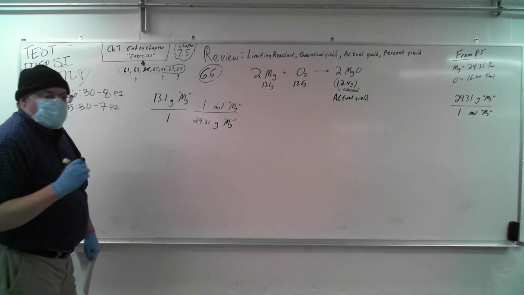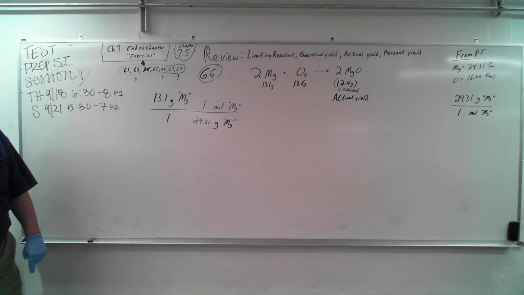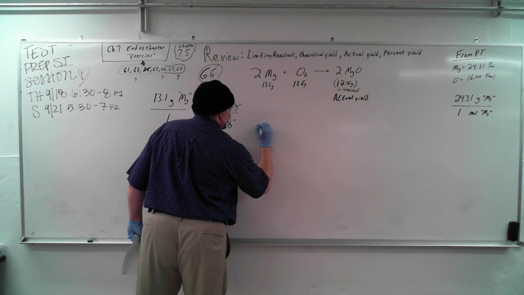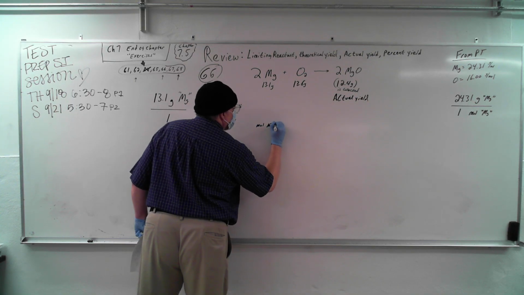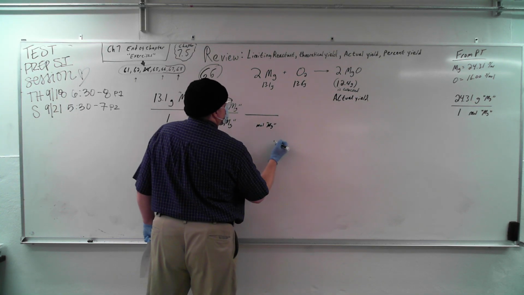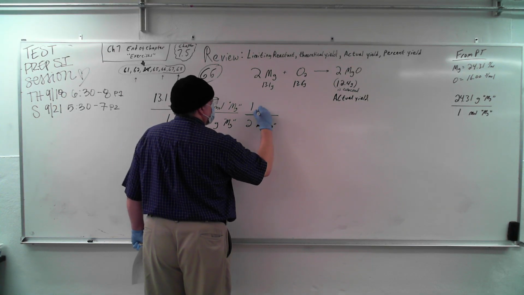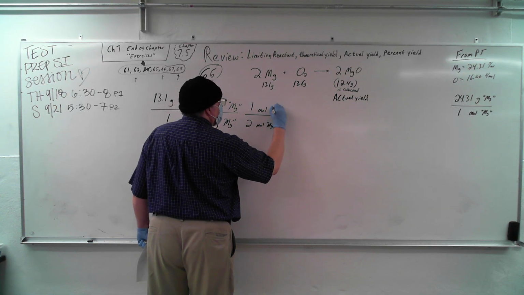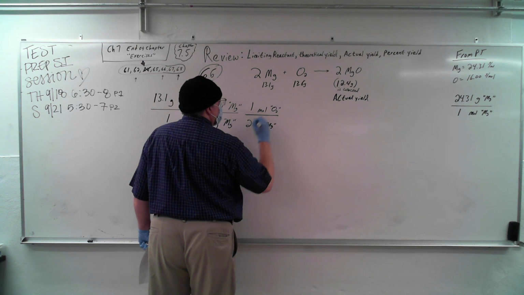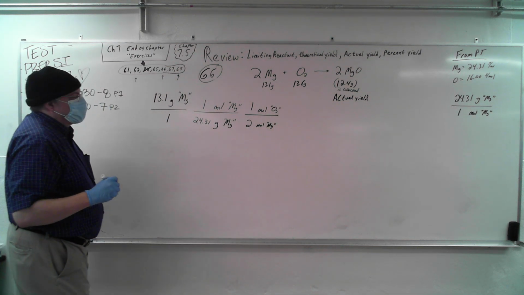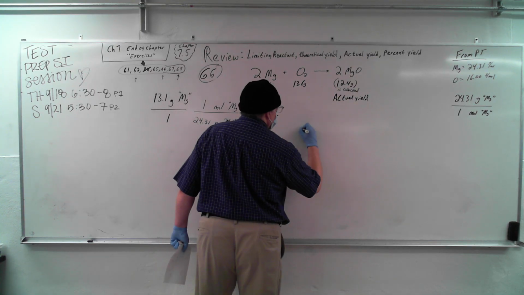Next, we need the ratio of the two reactants, the molar ratio. We're going to need moles of Mg on the bottom. So that means 2 moles of Mg to 1 mole of O2, because here we're comparing the two reactants. And now we're going to need the moles of O2 on the bottom.